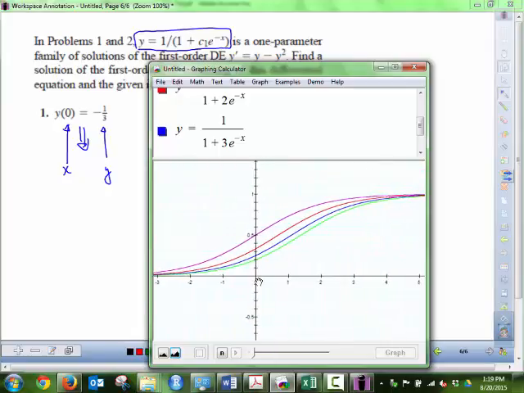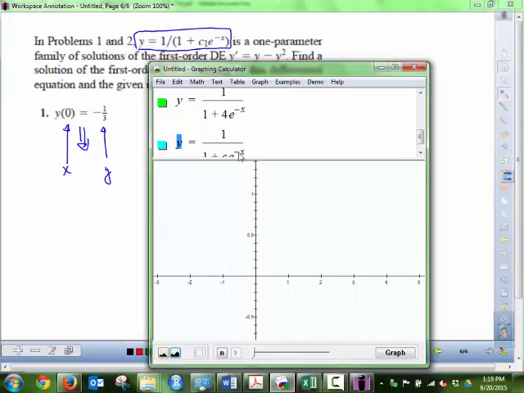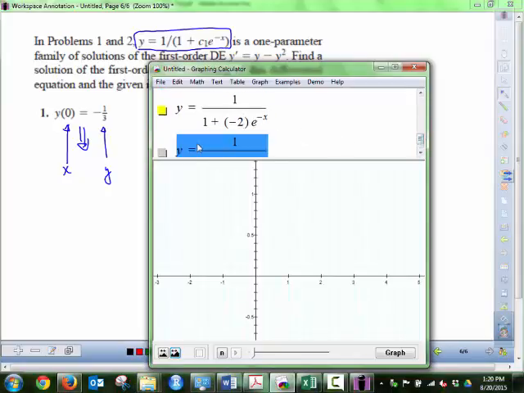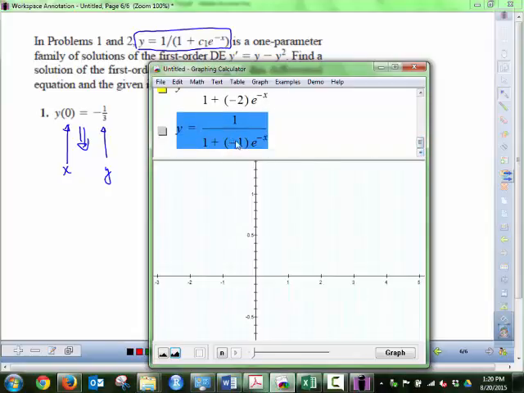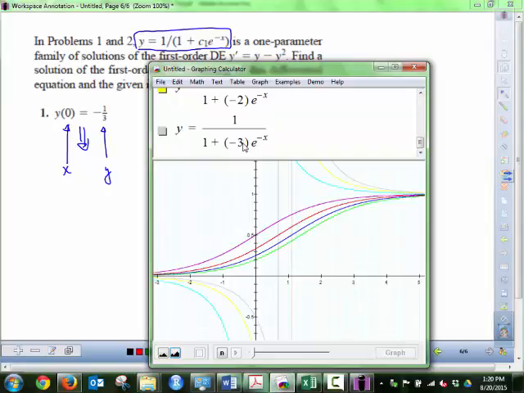So this looks like our family of curves. I'm just putting positive numbers here. We could probably put negative numbers, right? Let's try another one. Whoa.